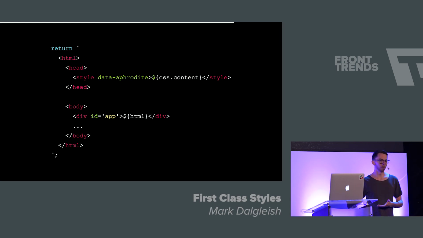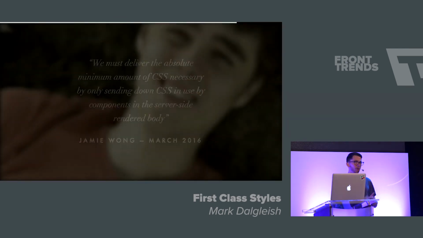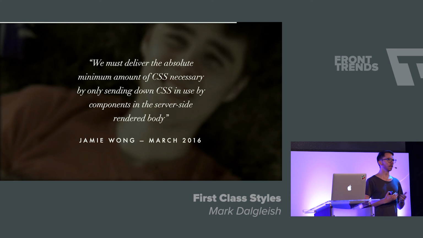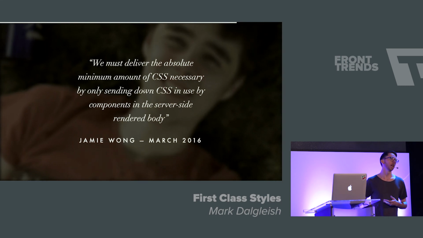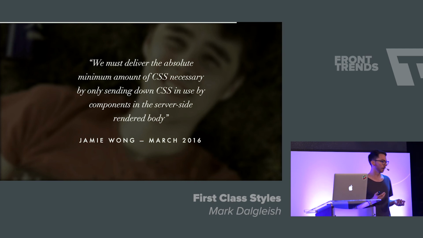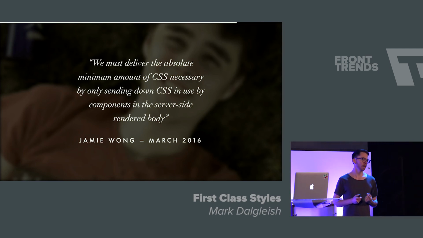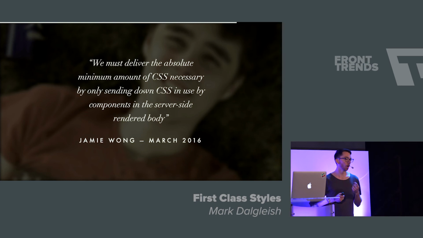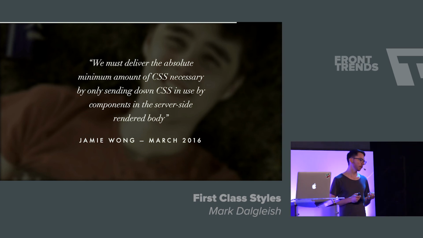Again, you might be wondering, why are we rendering it to a style tag? Well, we heard yesterday about the importance of inlining the critical CSS. Jamie Wong, in the blog post that outlined where Aphrodite came from at Khan Academy, said, we must deliver the absolute minimum amount of CSS necessary by only sending down CSS in use by components in the server-side rendered body.